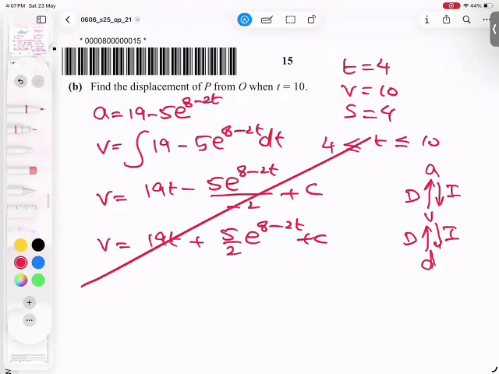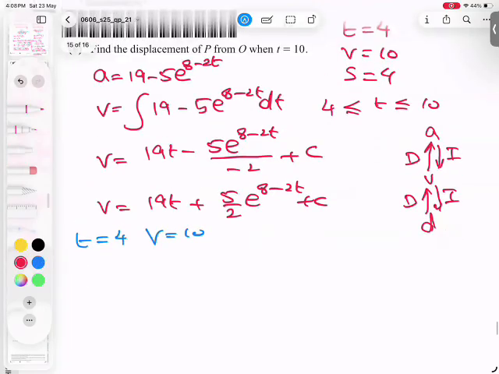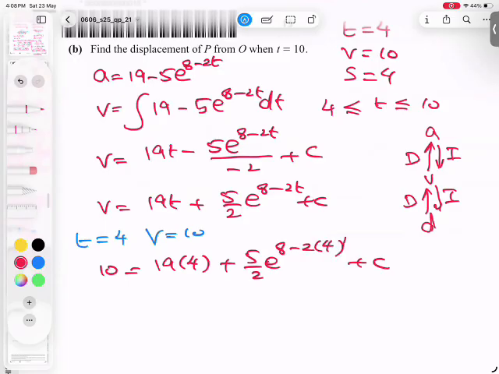I'm going to plug in this data: time is 4 and displacement is 4.